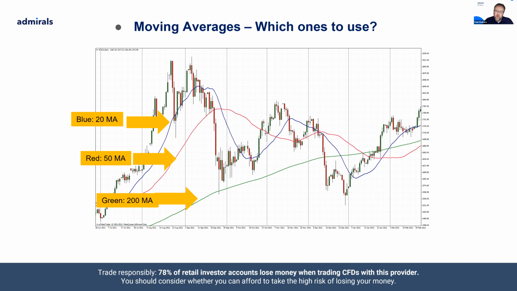I have a blue 20 simple period moving average, a red simple 50 period moving average, and a green simple 200 period moving average, which hopefully you can see there on those charts. If you want, you can go into much more detail about all sorts of different types of moving averages, whether it be simple, exponential, weighted, or Tom DeMark, etc. There are all sorts of different variations. I like to keep things very simple.